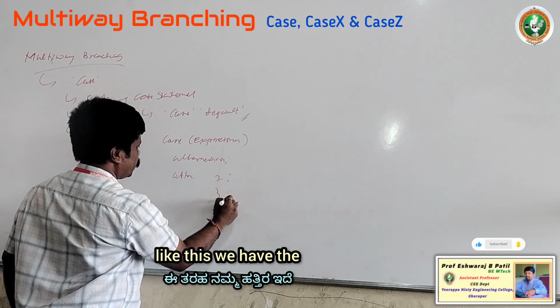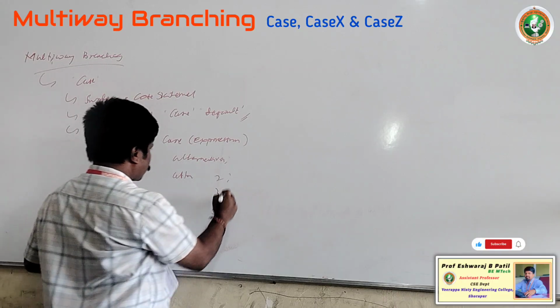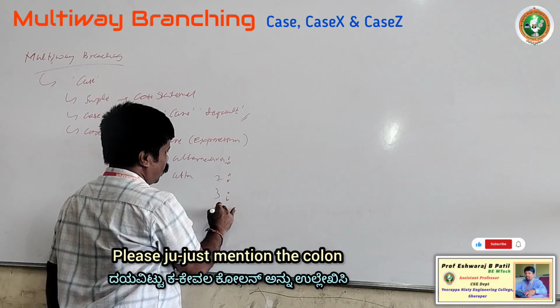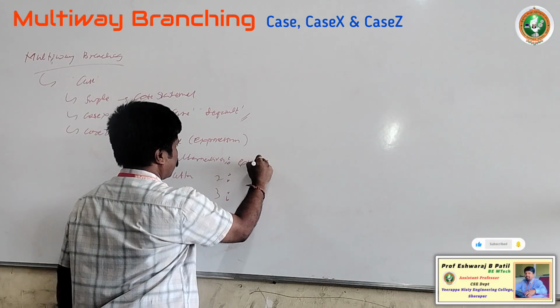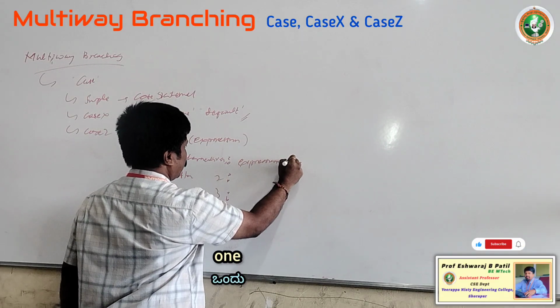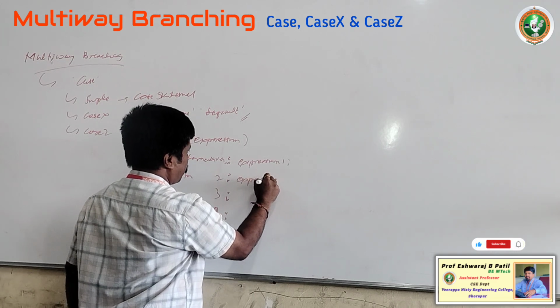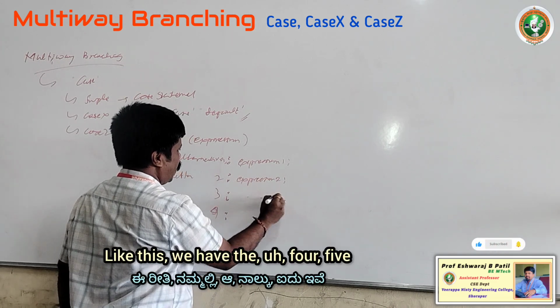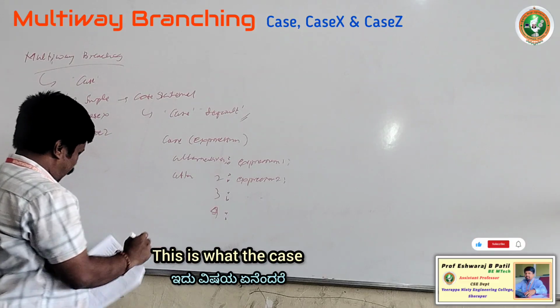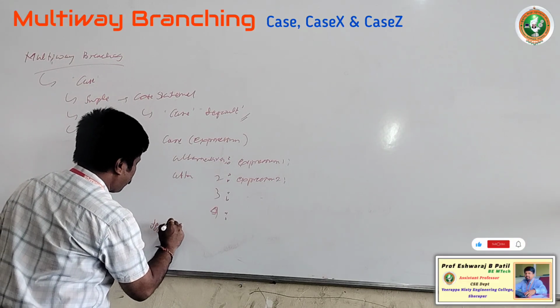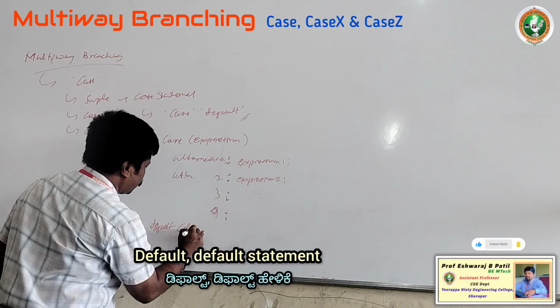We have a colon, not a semicolon, just to mention the colon. Then this is expression 1, expression 2, like this we have 4, 5. This is the case. Next is the default statement.